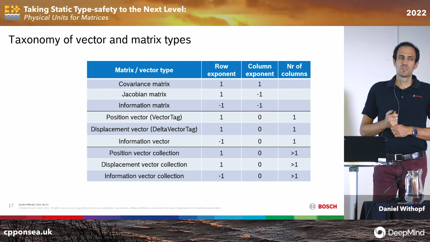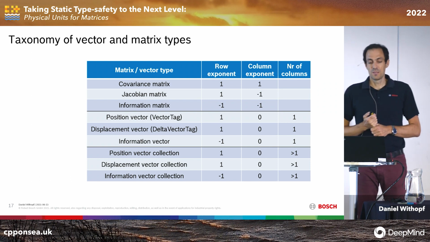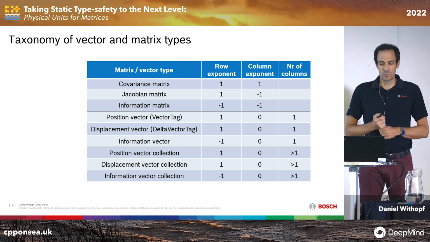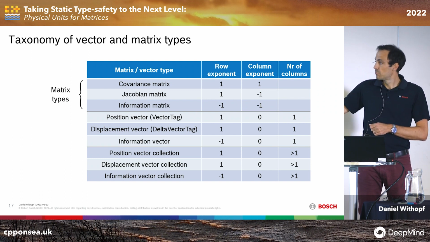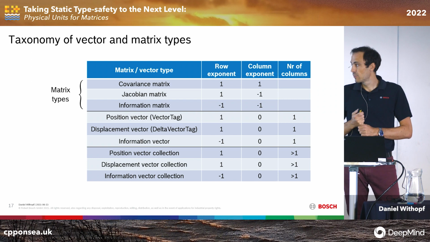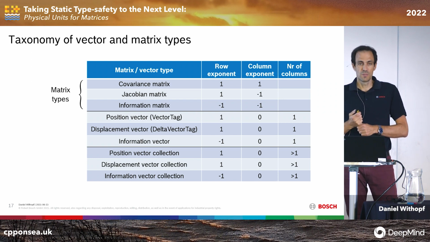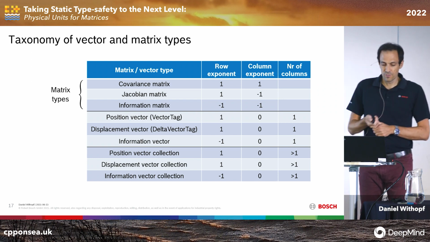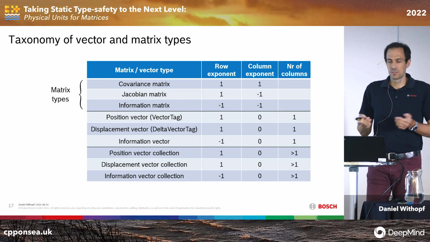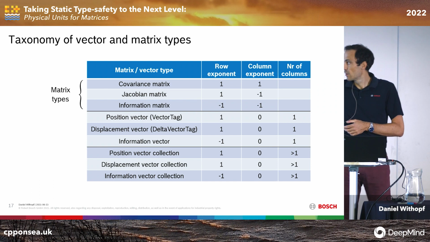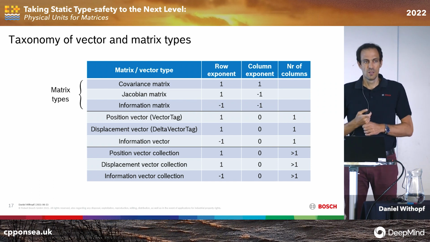So this is the full taxonomy of all vector and matrix types, at least the ones that I could come up with. The first group here are proper matrices: covariance matrices, Jacobian matrices, and information matrices. In case you haven't heard of these, information matrices are the inverse of covariance matrices. You can also see from the exponents that they are the inverse exponents of a covariance matrix.